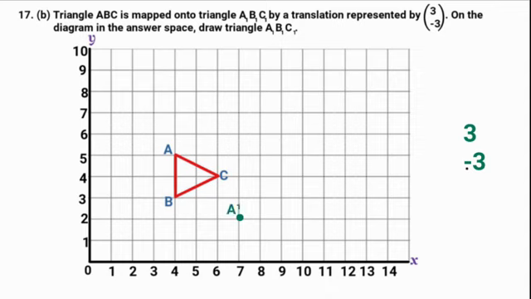Then we come to point B. I'm going to put a green point on B as well. It's going to move the same steps: 3 on the right and 3 downwards. So 1, 2, 3. Then it moves 3 steps downwards.